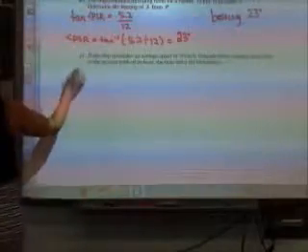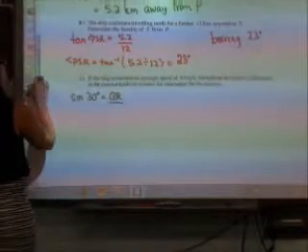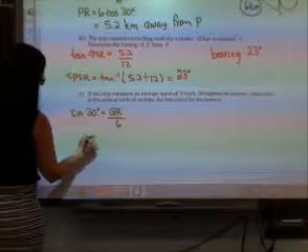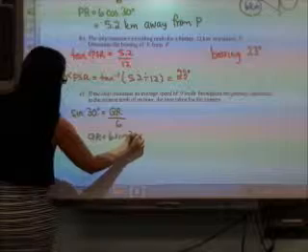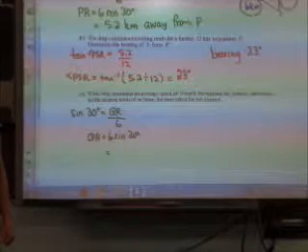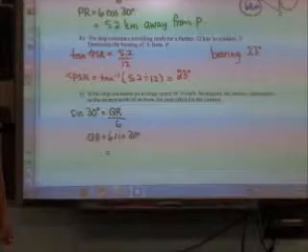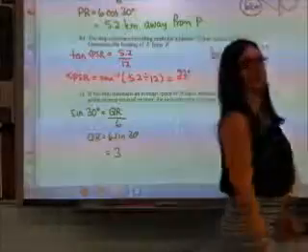Yeah. So that's my sine. Sine 30 is QR over 6. So then QR would equal 6 times sine 30, which is how much? 3, wasn't it? Was it exactly 3 or 3.0? 3. Yeah, because sine 30 is 1/2.